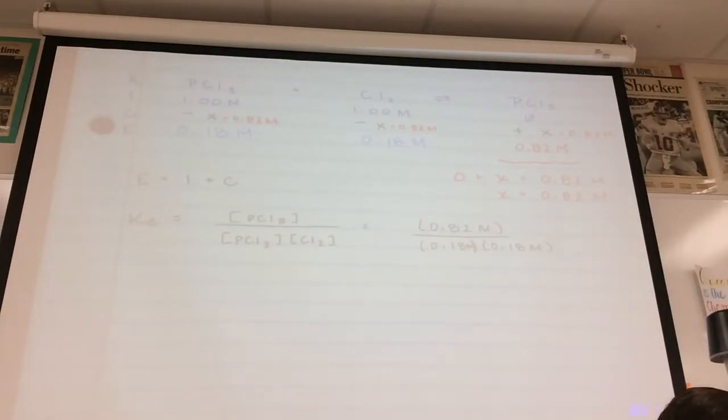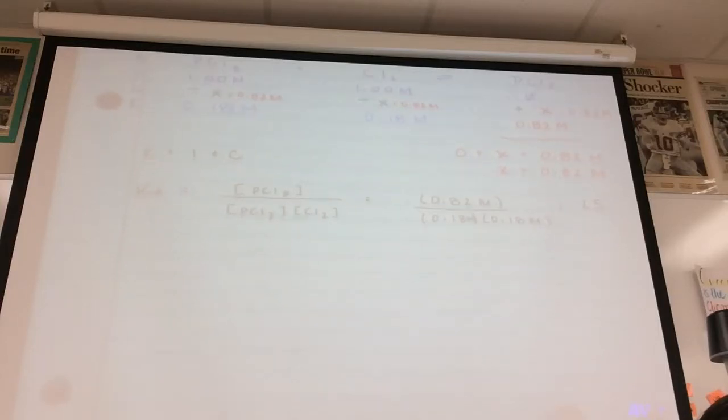It's easier, but just in case it wasn't clear. And you've got a Kc value of 25. Is the setup here clear? Okay.